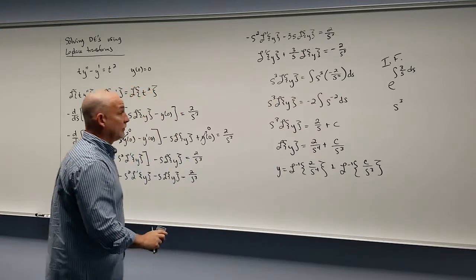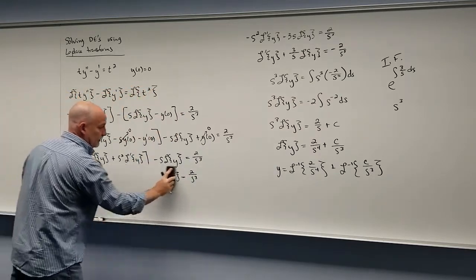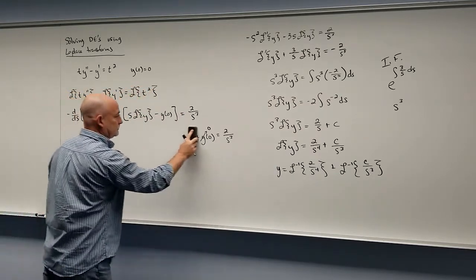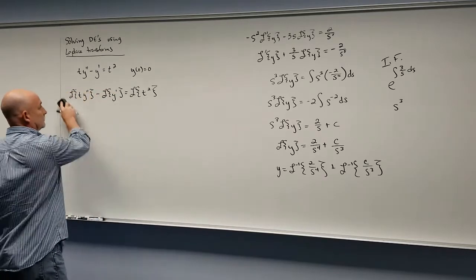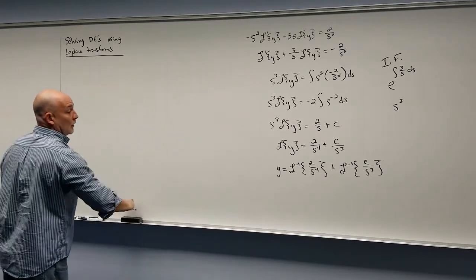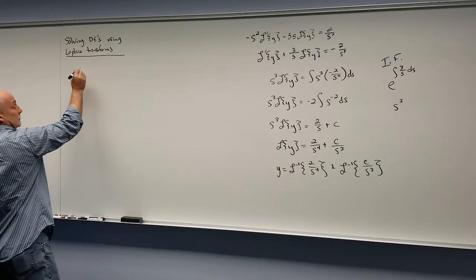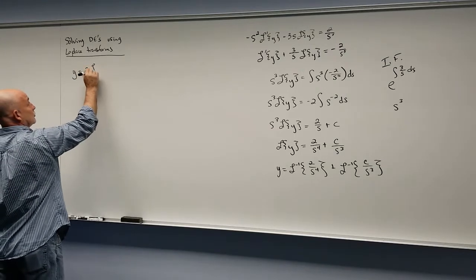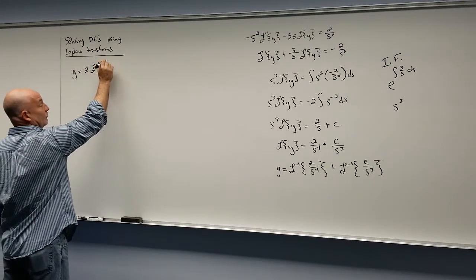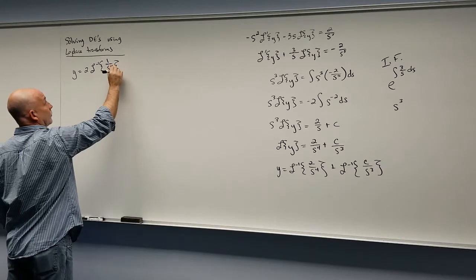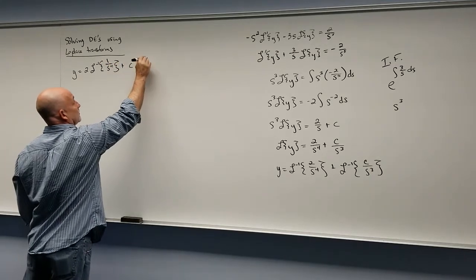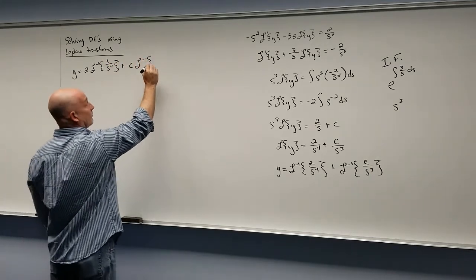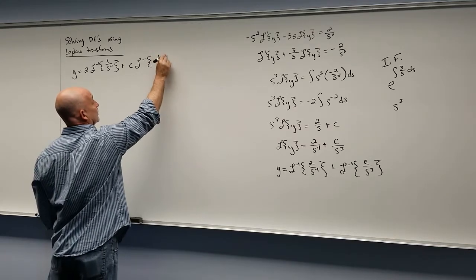All right, kind of out of room here, so let's go back over this way. So let's pull out our constants. So this is 2 inverse Laplace transform of 1 over s to the fourth plus c inverse Laplace transform of 1 over s cubed.